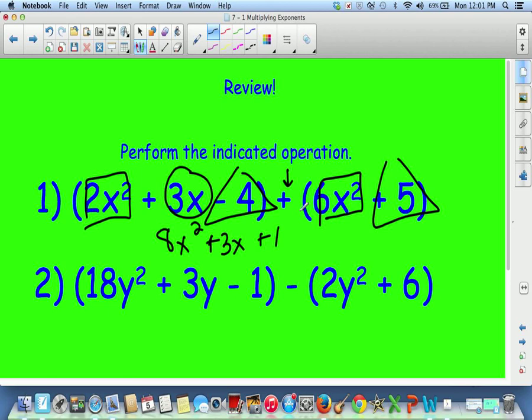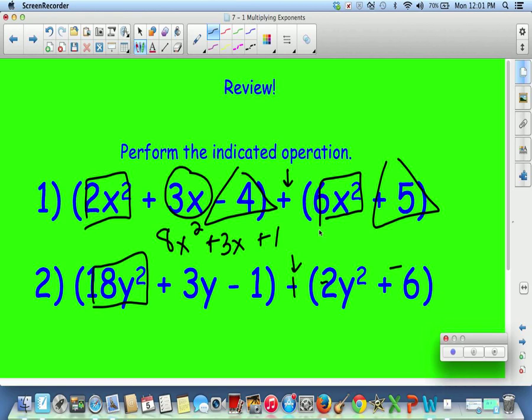Number 2 is a little bit different because we are subtracting. So remember, subtracting is you're adding the opposite here. I'm sorry about my pen being delayed. So once we do that, I change this to plus, the opposite of. So I change these signs. So then we have 18y squared plus a -2y squared is going to be 16y squared.